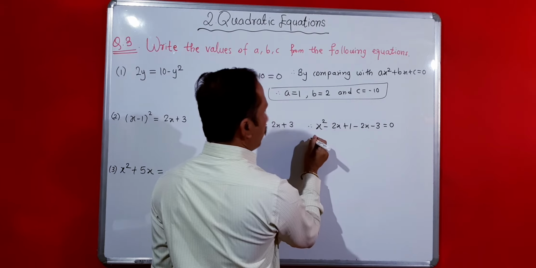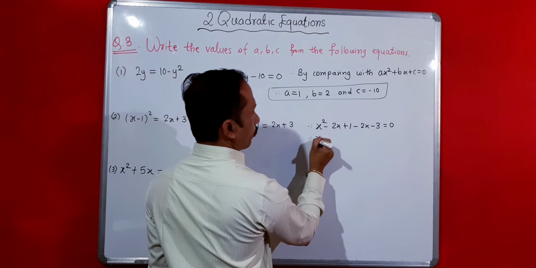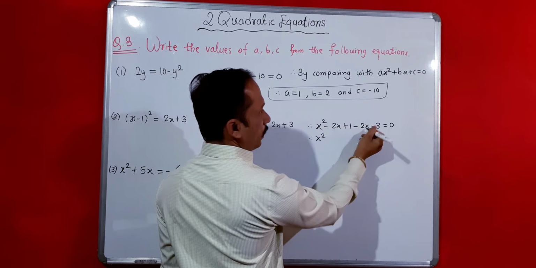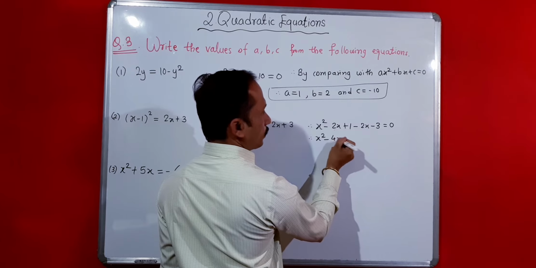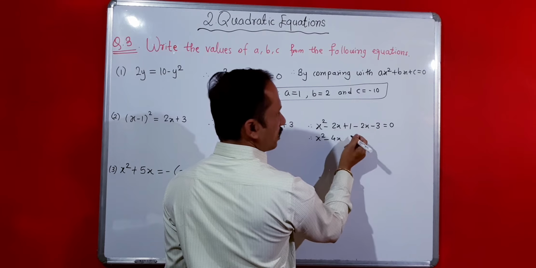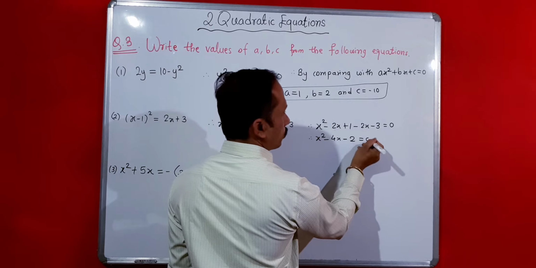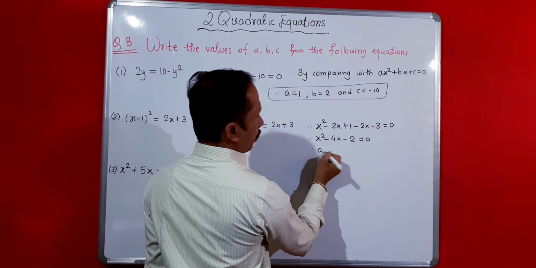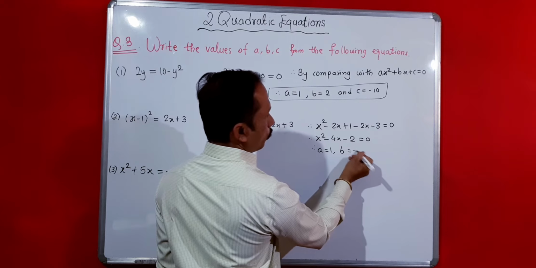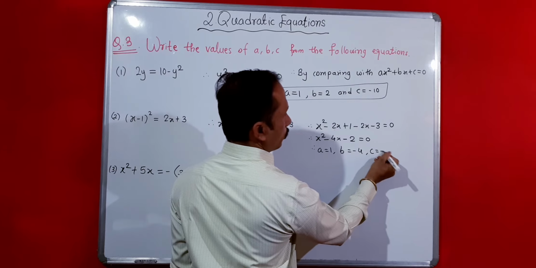Now x square remains as it is, minus 2x minus 2x is minus 4x, and plus 1 minus 3 is minus 2, is equal to 0. Therefore a is equal to 1, b is equal to minus 4, and c is equal to minus 2.